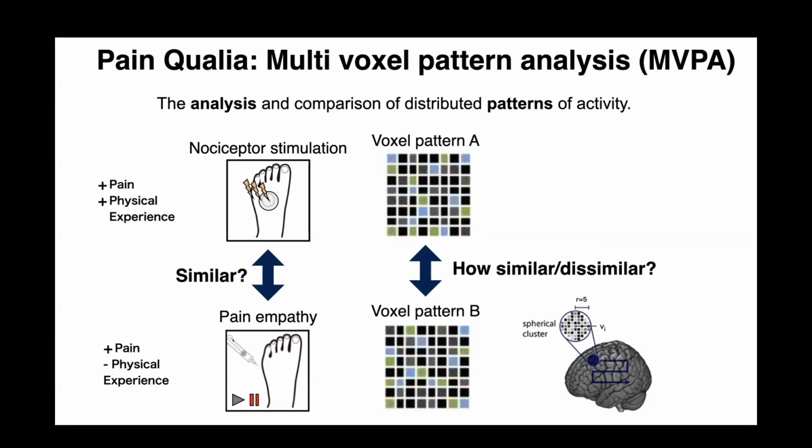And we can compare this without physical experience, but with pain. So in this case, these two have commonly pain experience, but this one no physical, and this one no physical, this one with physical. And we can extract Voxel patterns and see which brain regions are matching.